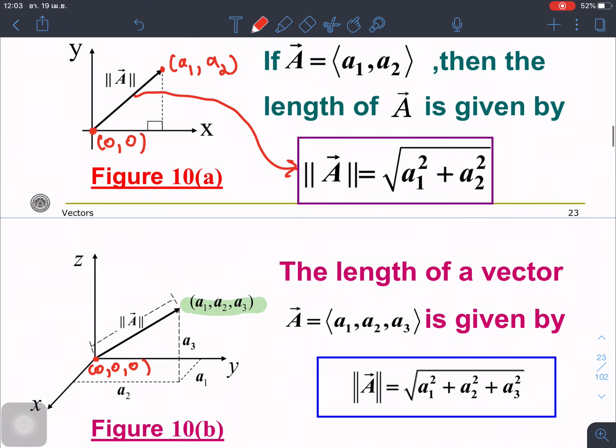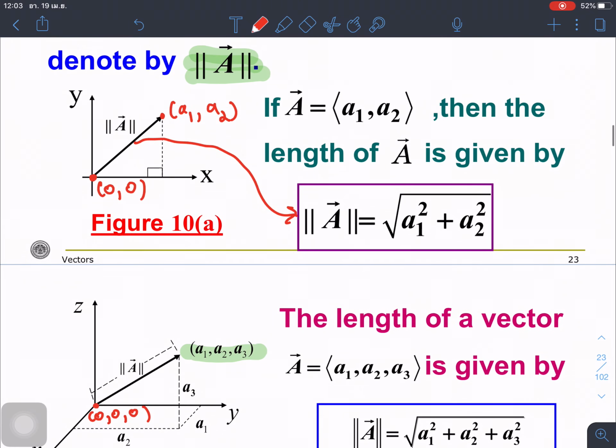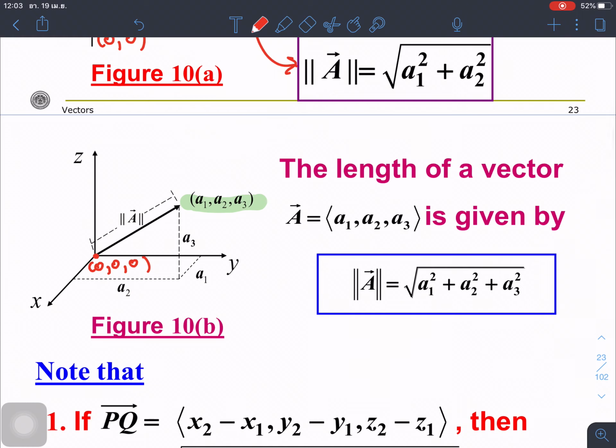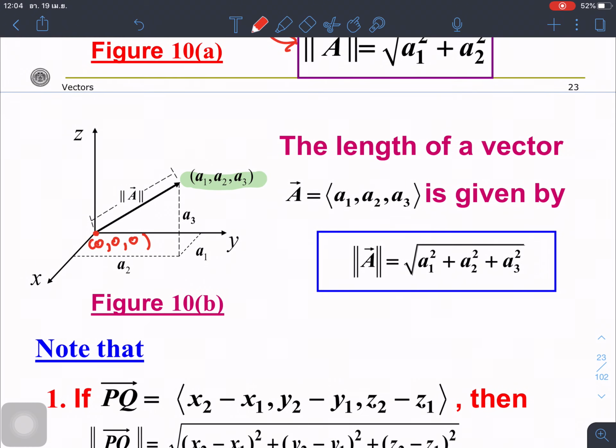In the 2-dimensional vector space, you use the Pythagorean theorem, and this time you use the generalization of the Pythagorean theorem, sometimes called the Euclidean norm. The way you find it, you just square each component and add them up, and then you take the square root of everything you get. That's the way you find the length of the vector in 3-dimensional space.